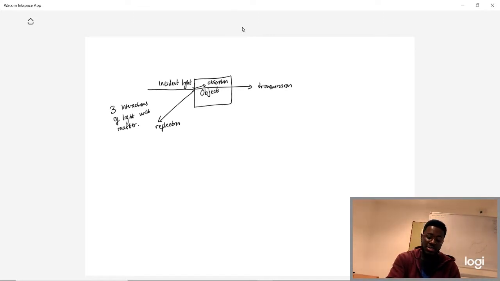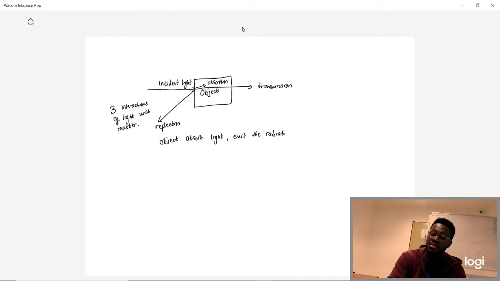When an object absorbs light, it usually emits the radiation as heat, but sometimes some objects absorb light and emit the radiation as light.